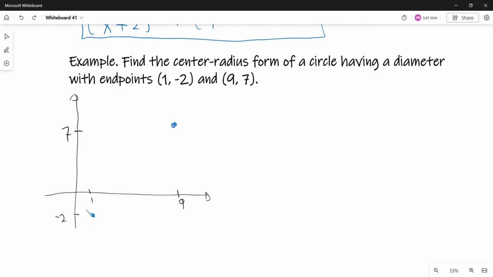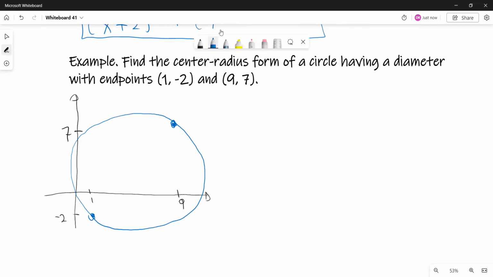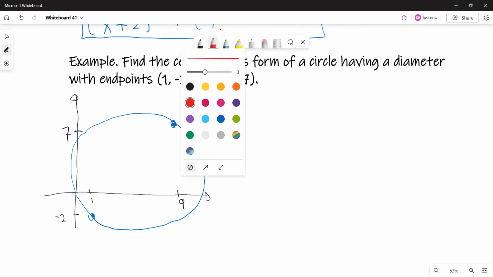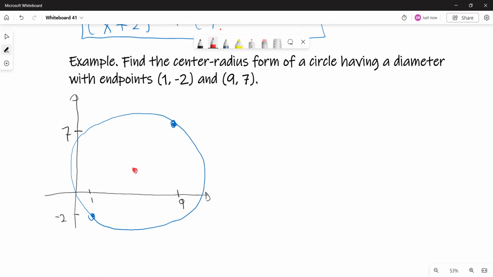That can be challenging, but let's try. Yeah, so we have the equation of a circle, and these are the endpoints of a diameter. So the center is going to be the midpoint of the diameter.